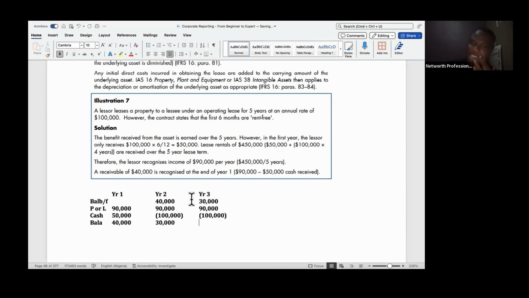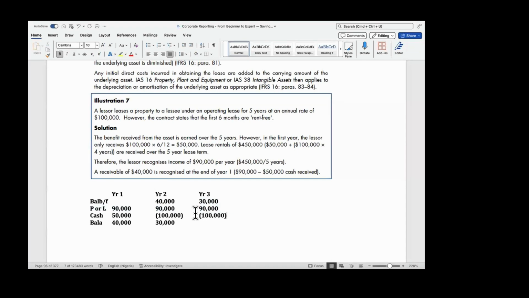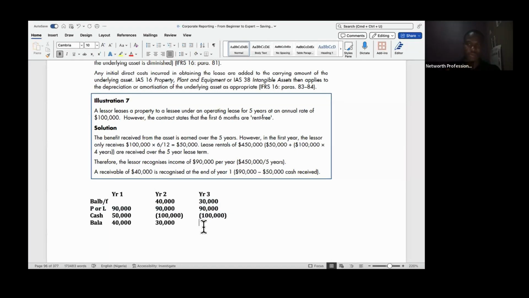We're expecting 30, and we have recognized additional income of 90, bringing our total expectation of income to 120. We received 100 in year three. So our balance is now 20, and it will go as assets.